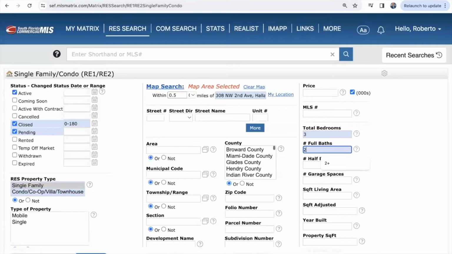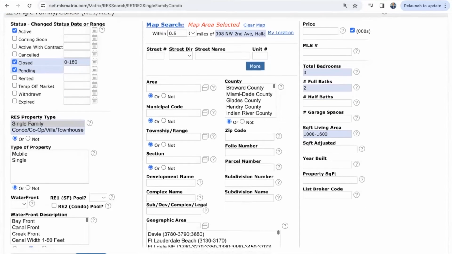We're gonna do 2. And then we're gonna do 1,000 square feet to 1,600 square feet. You guys see what I did? All right. So if it's 1,300, basically I removed 300 square feet and I added 300 square feet from the actual square footage and I formed a range and we have 5 matches.